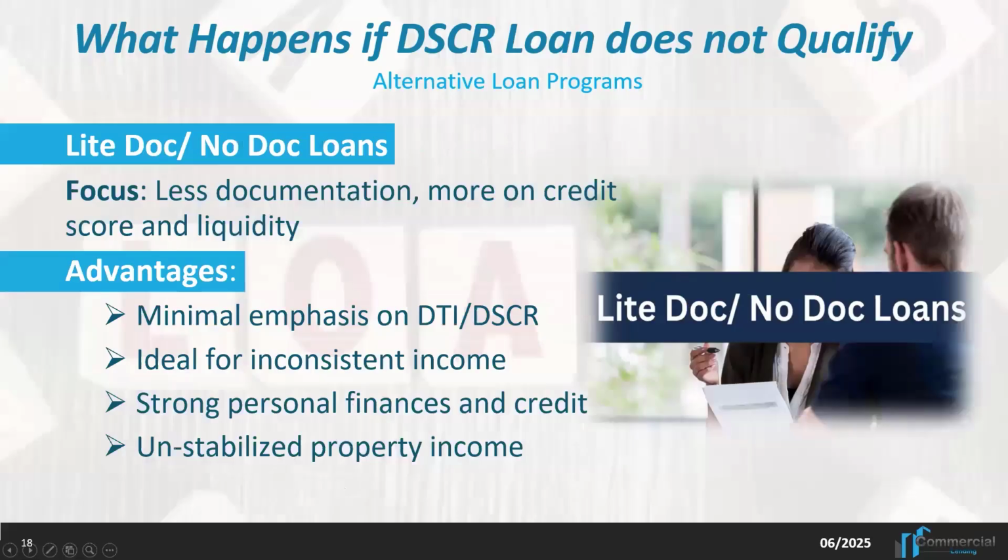The other alternative program, as we can see, is the light doc or no doc loan programs. These are designed for borrowers with non-traditional income sources, or maybe borrowers who are encountering difficulties in providing extensive documentation. You already know, whenever we move into a loan program, we may require some additional documentation to process the loan. In this case, these programs require significantly less documentation than conventional loans.